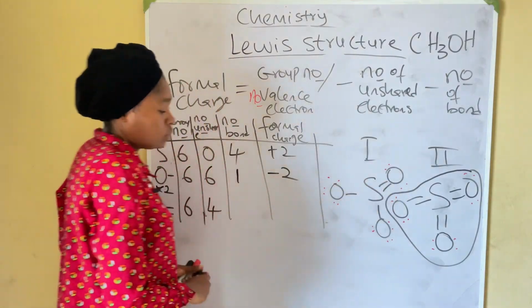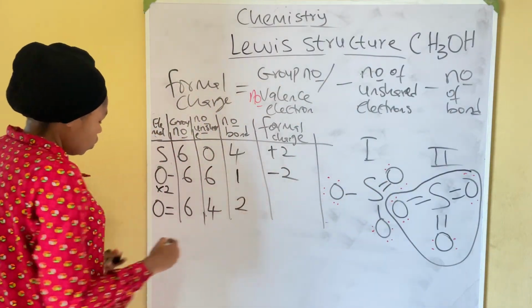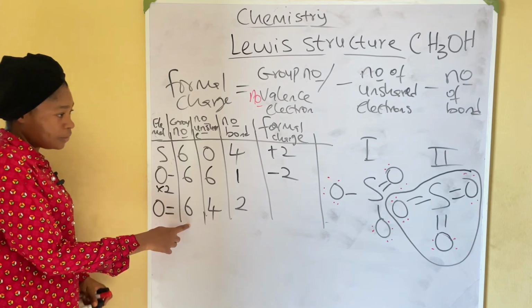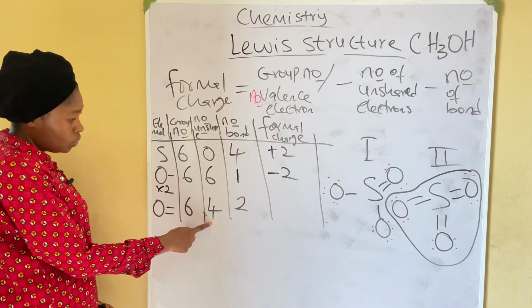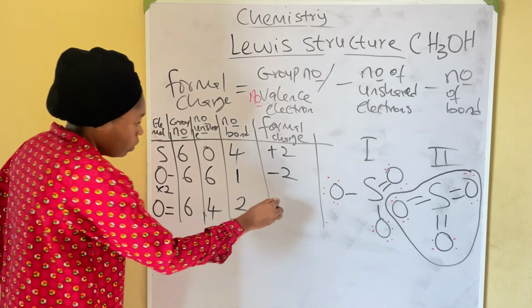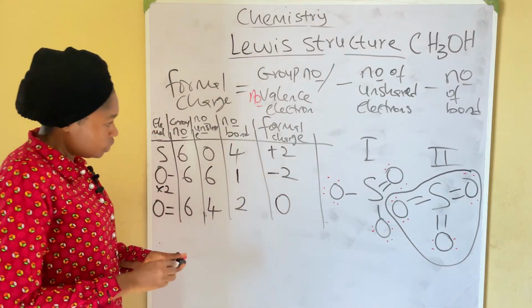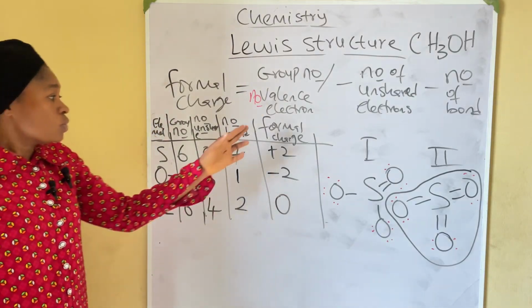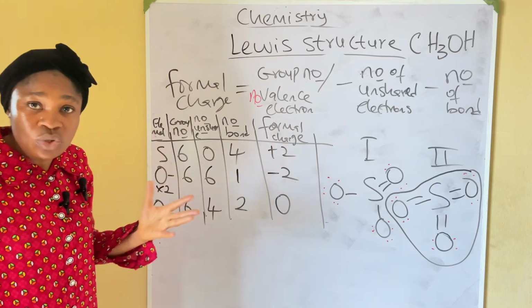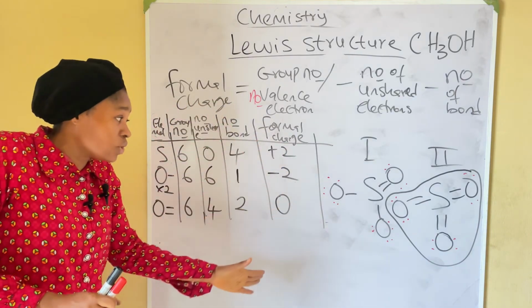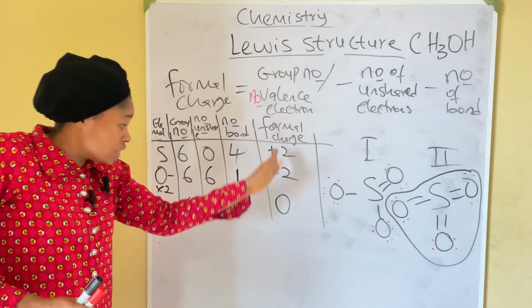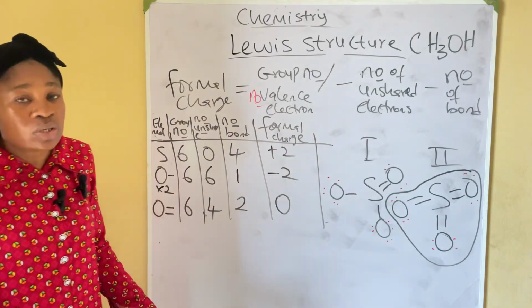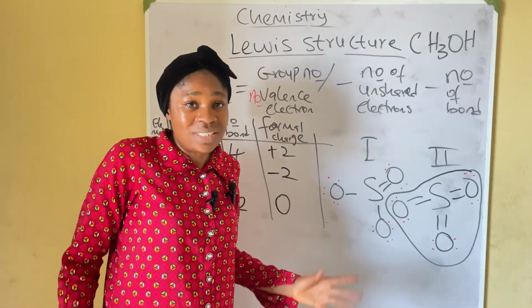So formal charge will now be what? 6 minus 4 is 2. 2 minus 2 is 0. So 2 minus 2 gives you 0. If you have formal charges that add up together to give you 0, it shows that the compound is not charged.